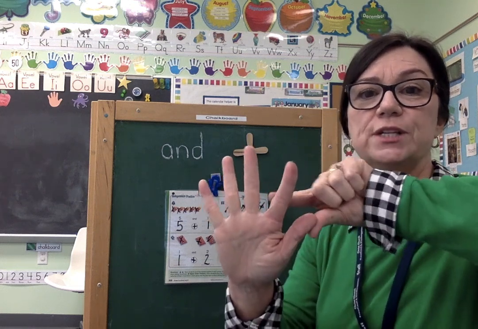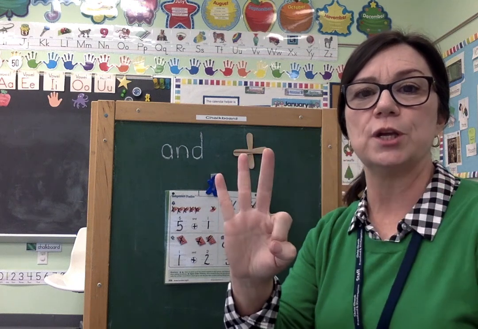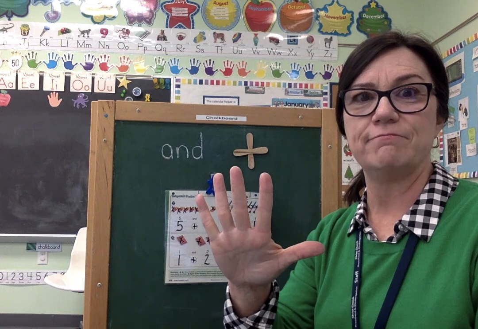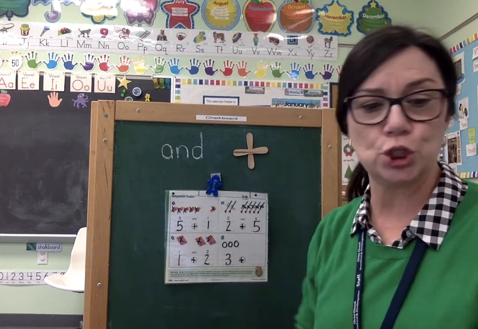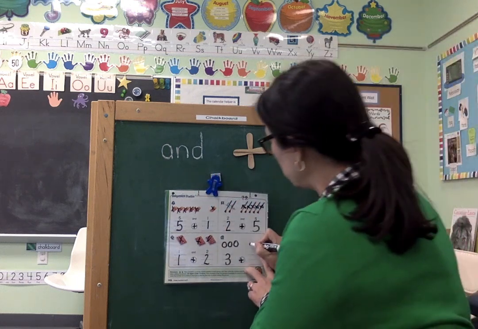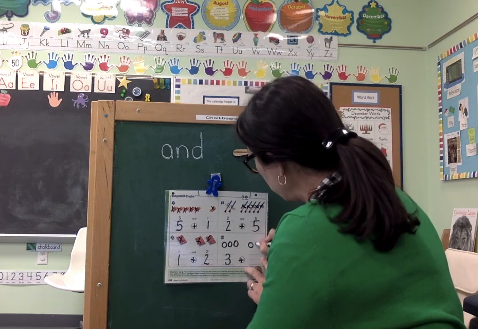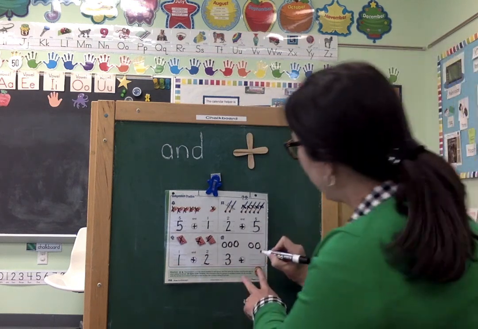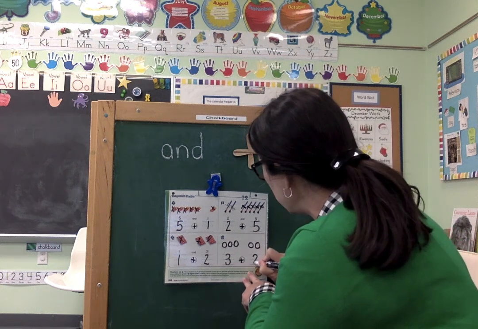How many fingers did I add to get to 5? Watch it again. 3, 4, 5. I put up 2 more. So we need to add 2 more counters to represent those 2 fingers. And then we're going to come down here and write 2.